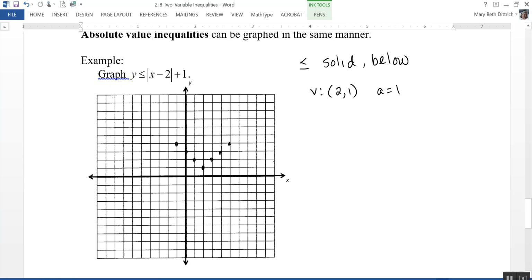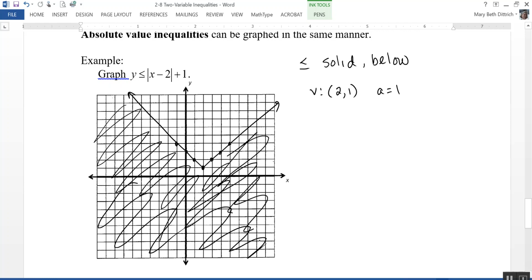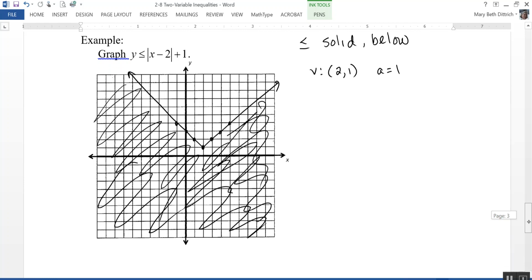Okay, I'm not going to fill all of those in. Connect them with a solid line. And then my shading is going to be below. It's going to be all of this region down here. And that's what an absolute value inequality looks like.